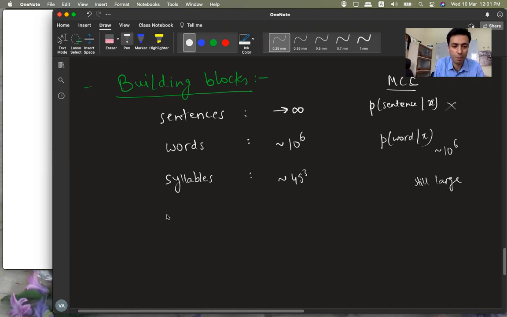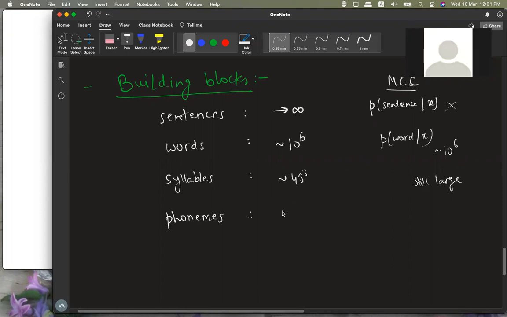Now we further break it down into phonemes. How many phonemes are there in Hindi? Somebody can tell? 38. Okay, 38.